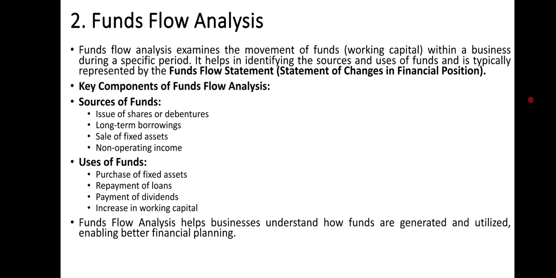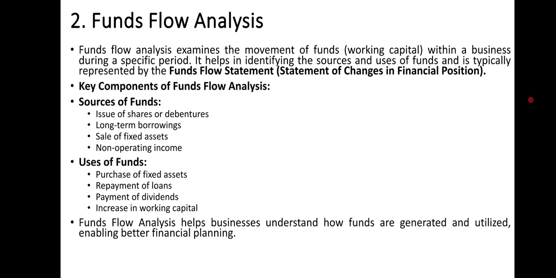The first key component of fund flow analysis is sources of funds and uses of funds. What are the sources of funds? Issue of shares or debentures, long-term borrowing, sale of fixed asset, and non-operating income. These come under sources of funds.